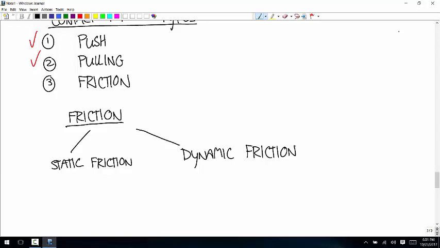So let me just demonstrate what those both are. So static friction is, so friction always happens when two surfaces are sliding against each other, or trying to, I guess, if it's static, if something is preventing two things from moving relative to each other.